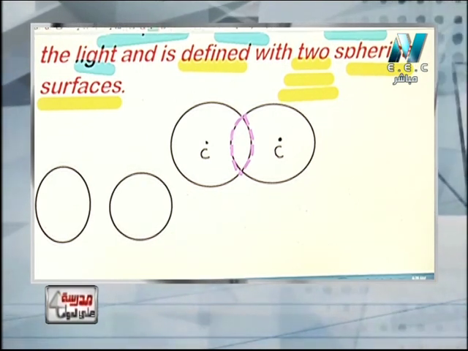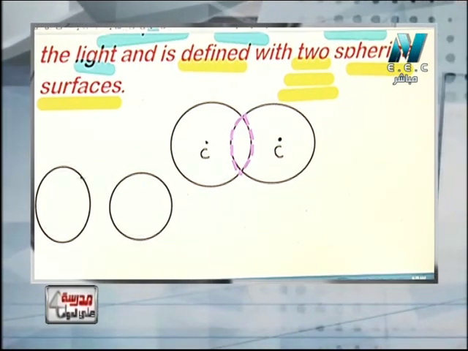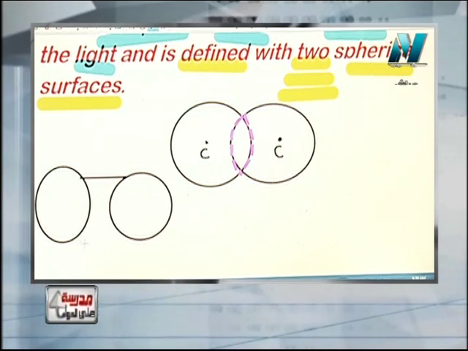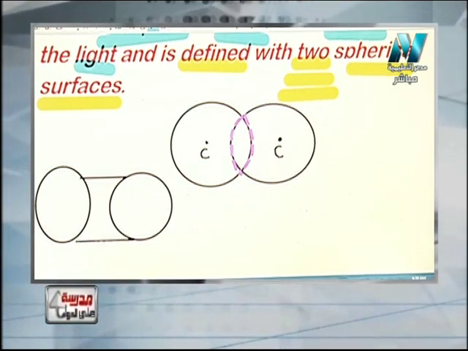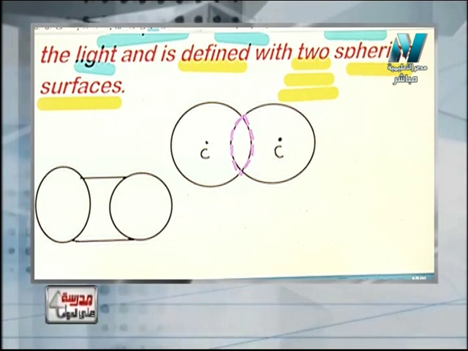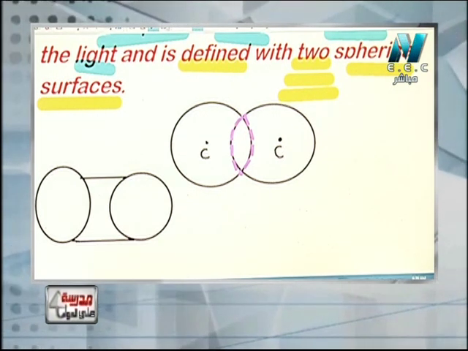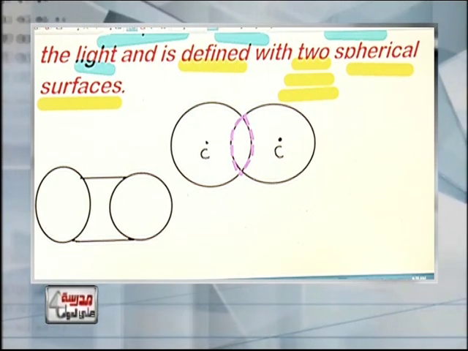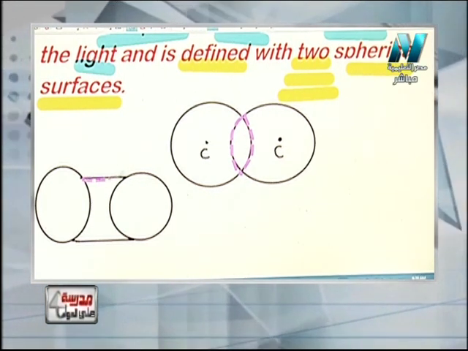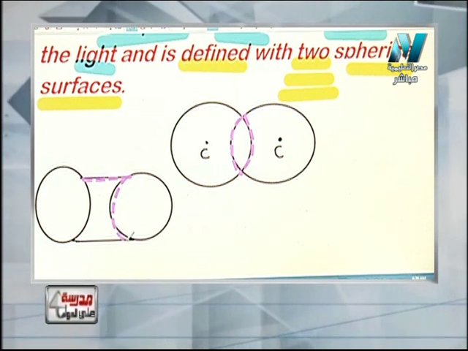Between the two spheres we have the lens here. As we see زي ما احنا شايفين كده قدام, this part is the lens. يعني الجزء ده هو اللي هيبقى اللينز. For example, as we see here, this part is the lens.